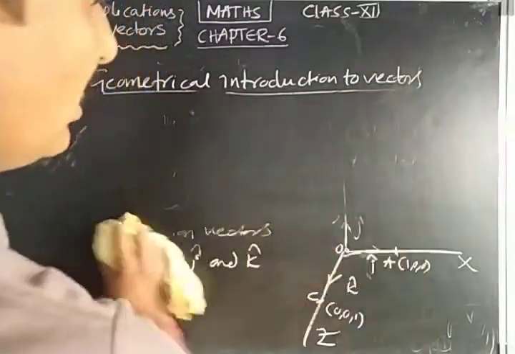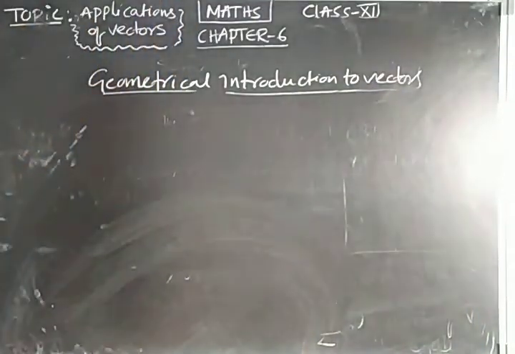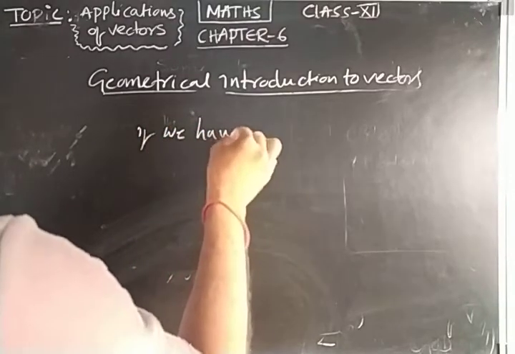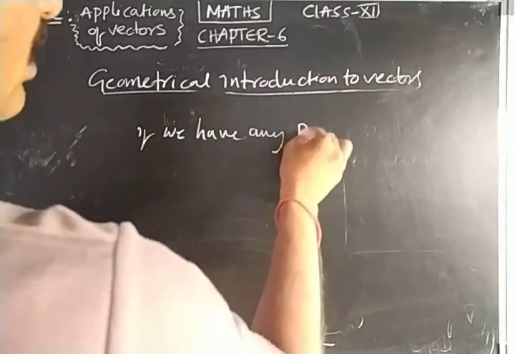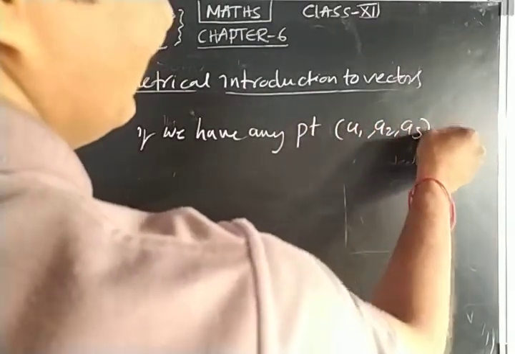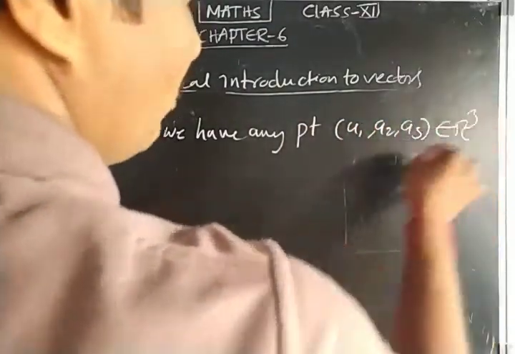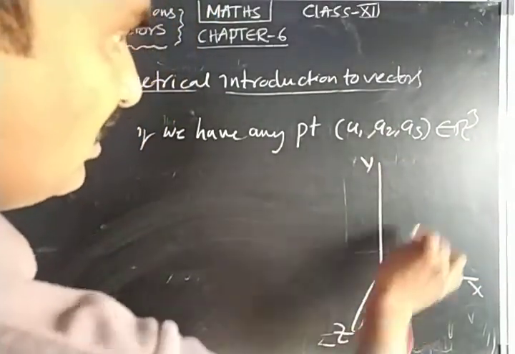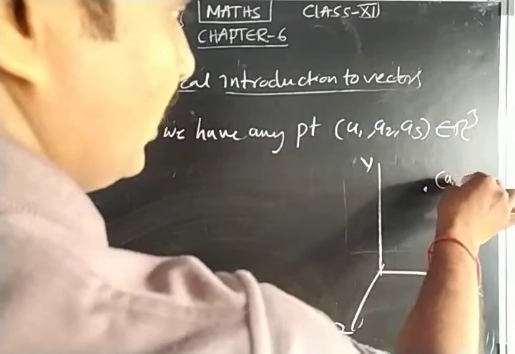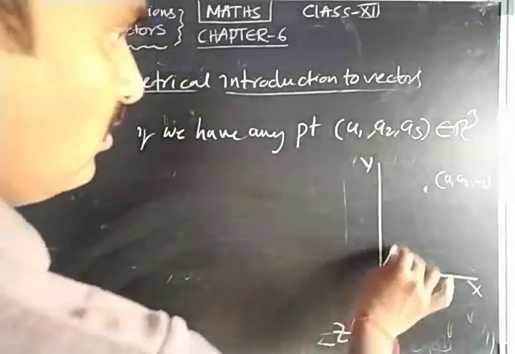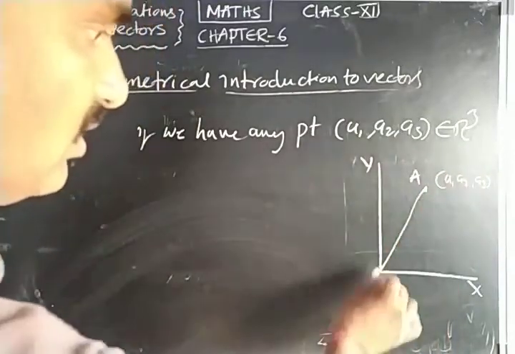Similarly, if we have any point in the space, suppose A1, A2, A3 belongs to R cube, this is x, this is y, this is z. Suppose here you have one point A1, A2, A3, right? This is the point A, this is the origin.